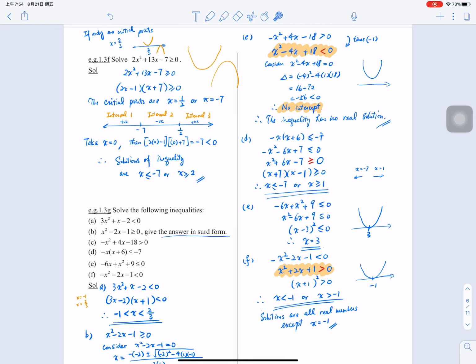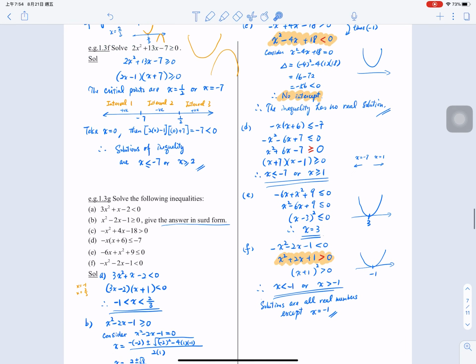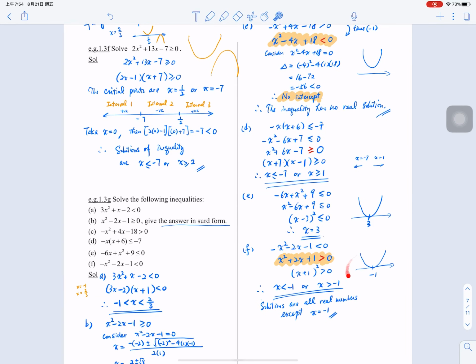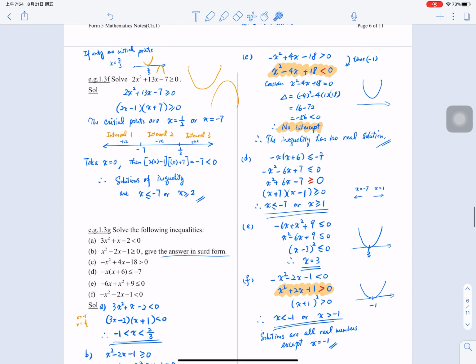Okay? And for the special quadratic inequalities, for example, touching the x-axis, you need to draw the graph and it's easier for you to find this solution. If no real solution for the quadratic equation, then you need to think.